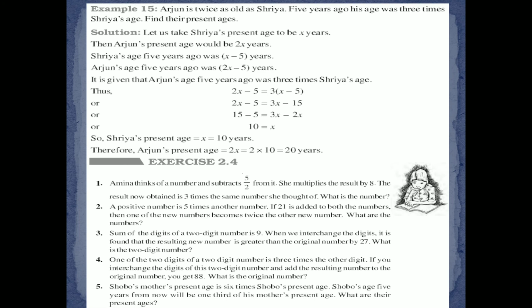Now example 15 says Arjun is twice as old as Shriya. So if I assume Shriya's age as x years, then Arjun's age will be 2x years. Clearly, right? 5 years ago means before. So 5 years ago, his age was 3 times Shriya's age. Ago means minus 5, after means plus 5.